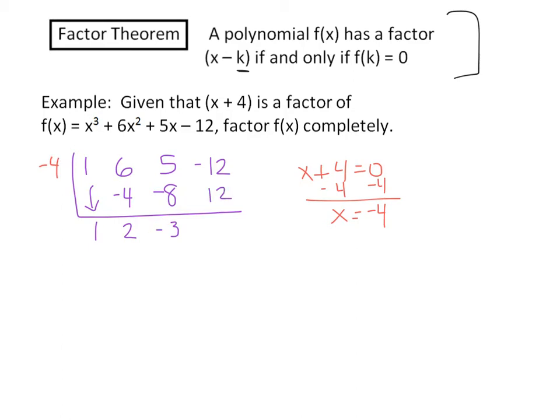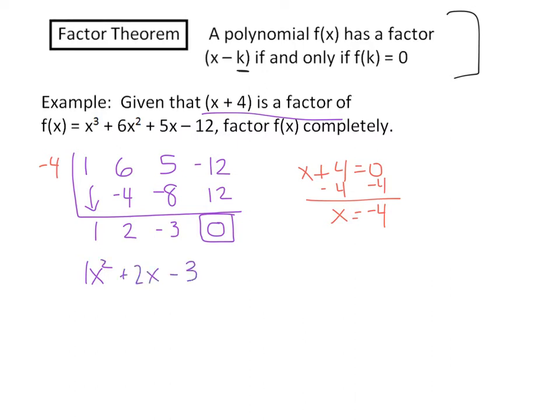And when we add, we get 0. It's a good thing, because I said it is a factor, so we knew the remainder would be 0. Now we're going to rewrite this. We've got 1x to the second power, that exponent is always 1 less than the original, so x squared plus 2x minus 3.